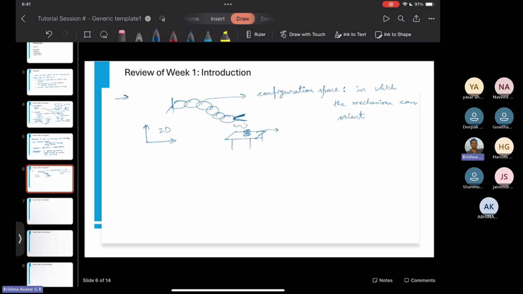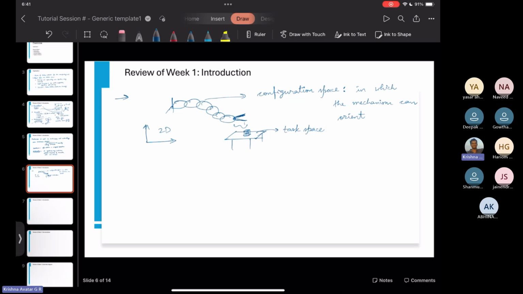Then this becomes what is called the task space. Task space will be only the surface of the table. Mind you, configuration space and task space are usually independent of each other. It's just that for any task, we ask what configuration we want the mechanism to have. That is essentially the goal here.